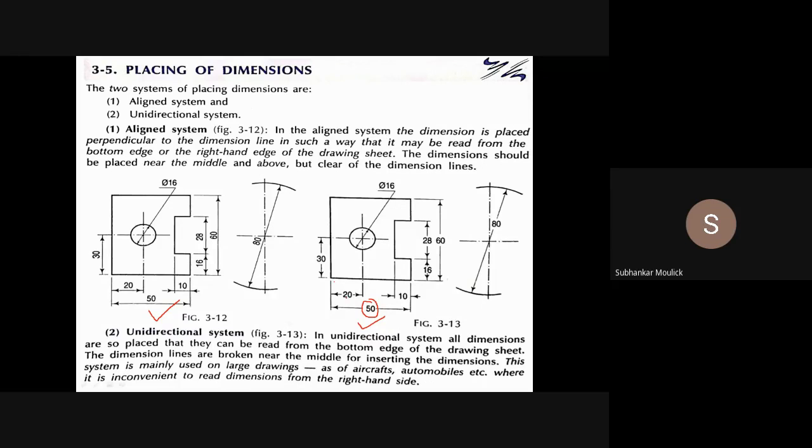At the midpoint of this dimension line, erase it with your eraser for some distance. In between, write 20. This is the aligned system. So this is about horizontal dimensioning. What is vertical dimensioning? If any vertical distance is given to you, how will you dimension it by the aligned system and the unidirectional system? Let us see.